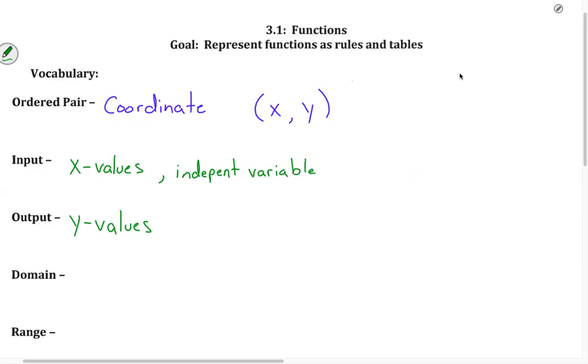Your output is your dependent variable. Are you all right with that? So far, so good? Not too difficult?